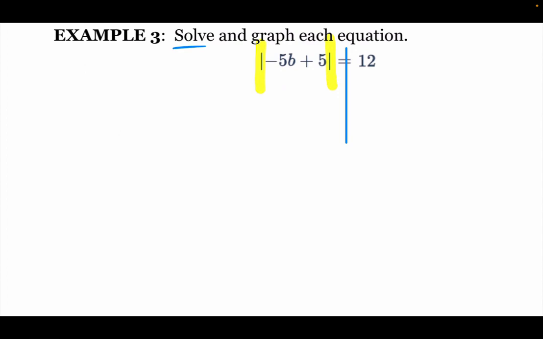So I can skip step 1. Go to step 2. Separate. How many steps away from 0 am I? 12, right? So I could be at positive 12, or I could be at negative 12. So that's what's going to equal. I can remove the bars now.